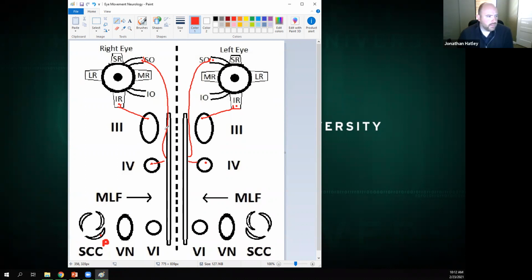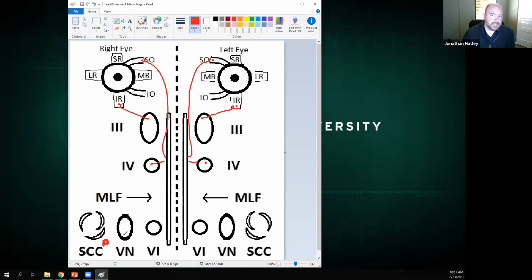And just like before, this is really something that you have to memorize, unfortunately. The posterior canal and all of the semicircular canals have multiple neurons that connect up to their cranial nerve nuclei. The one thing they all share in common is that after the semicircular canal, the next stop is going to be the vestibular nucleus.